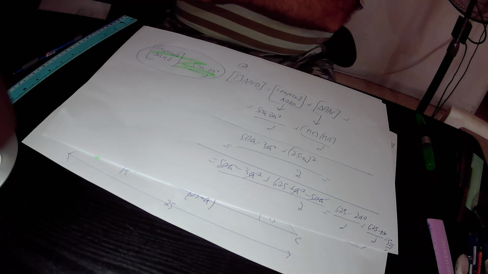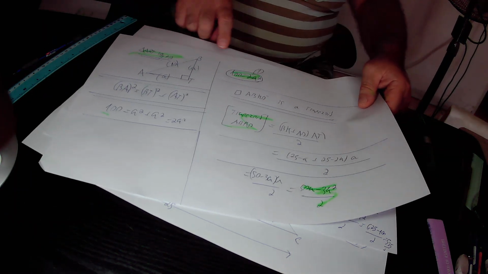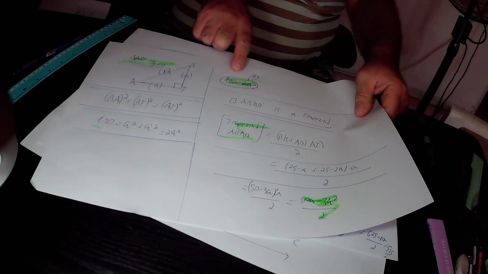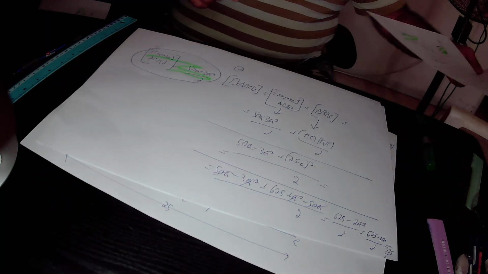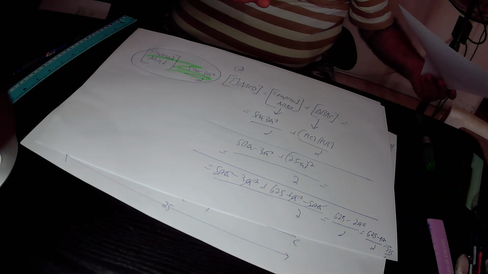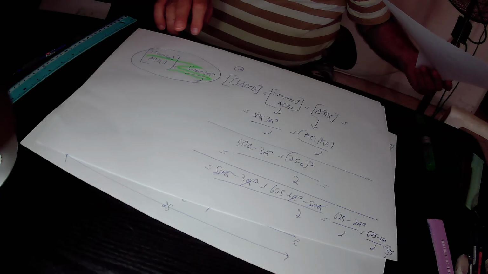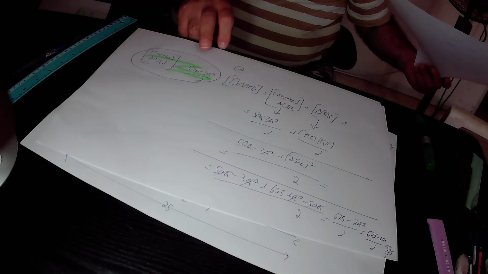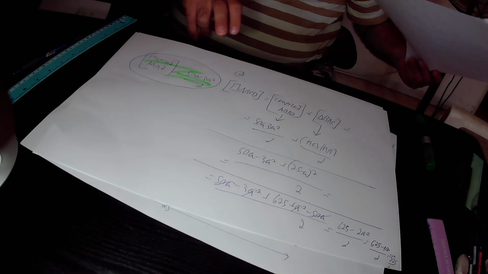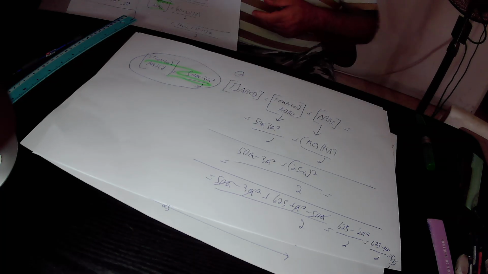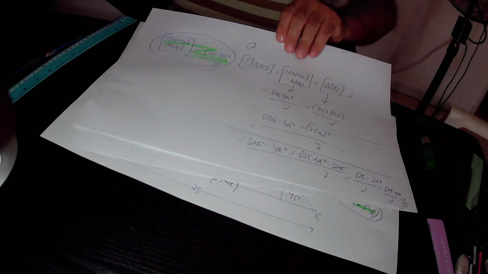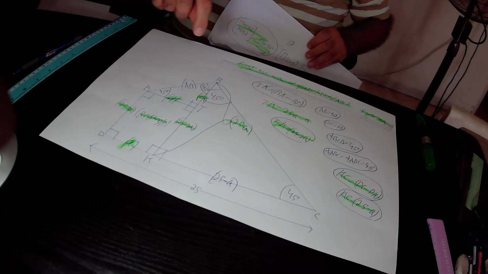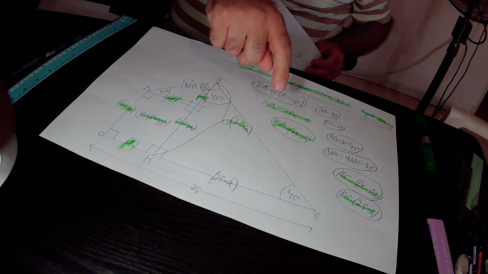But we have already found that 2A squared equals 100. And our task is to find the area of quadrilateral ABCD.